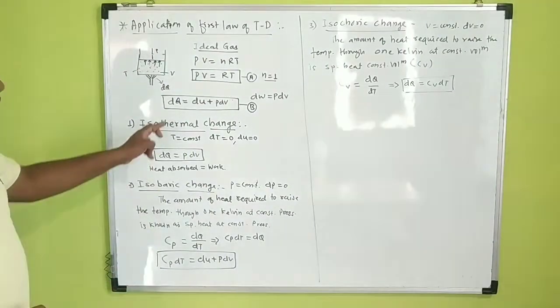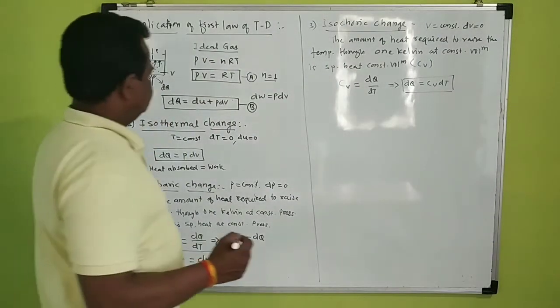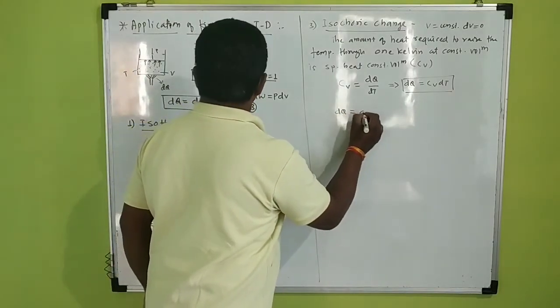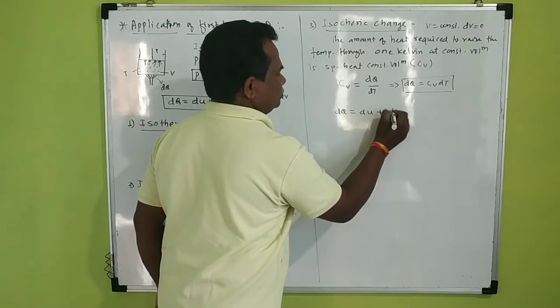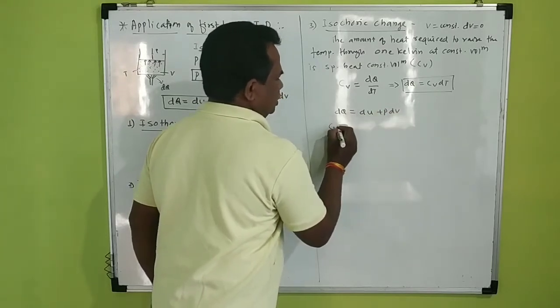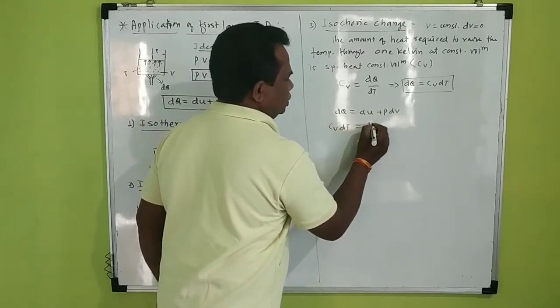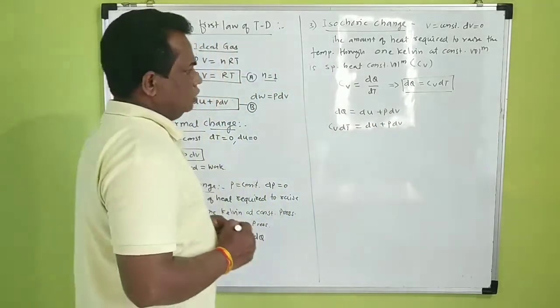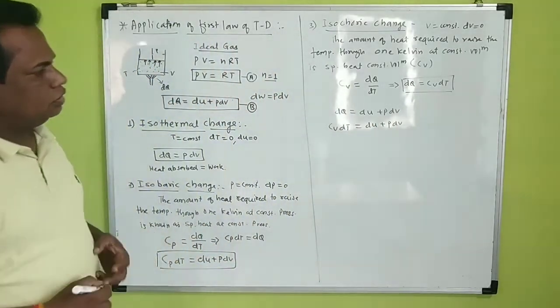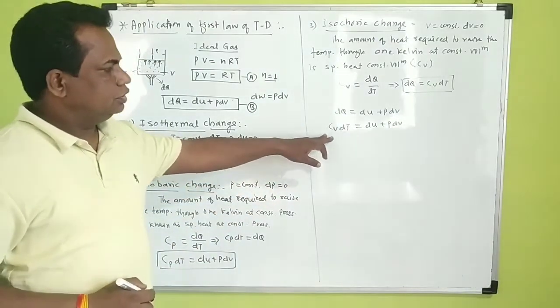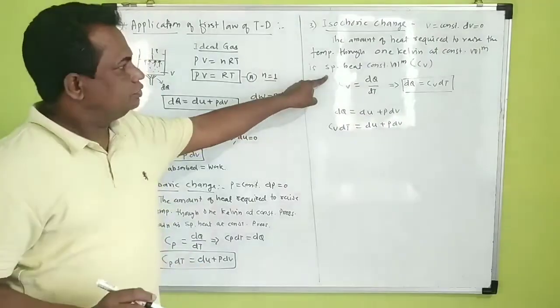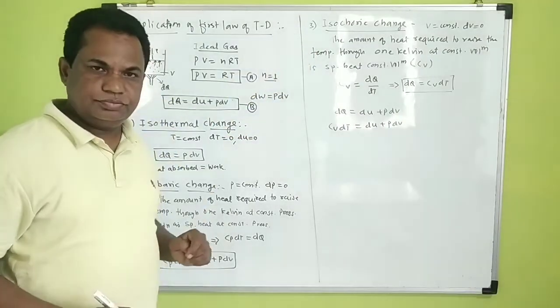So now the first law equation becomes dQ is equal to dU plus PdV. So dQ is Cv dT, that is equal to dU plus PdV. This is the relation for the specific heat equation for isochoric change.